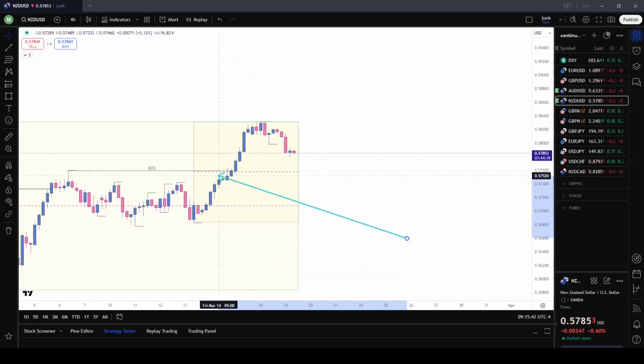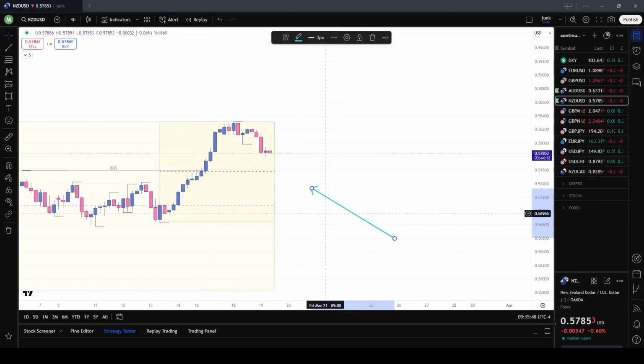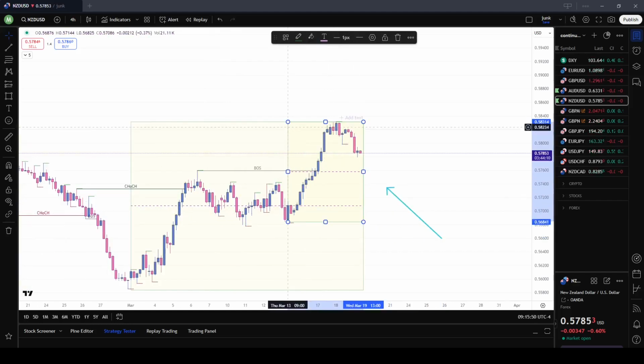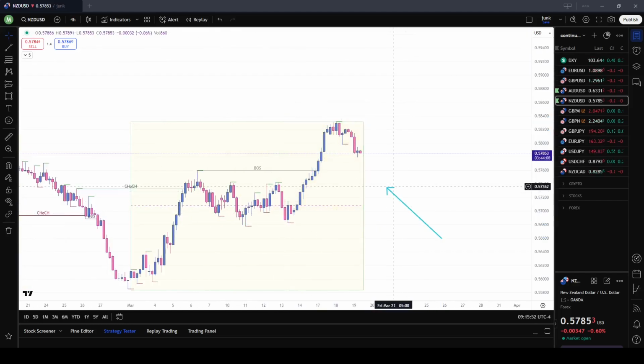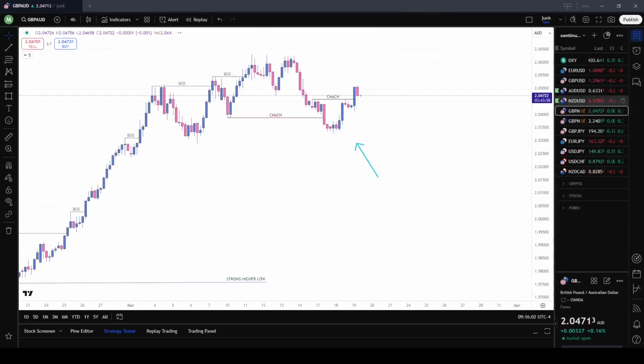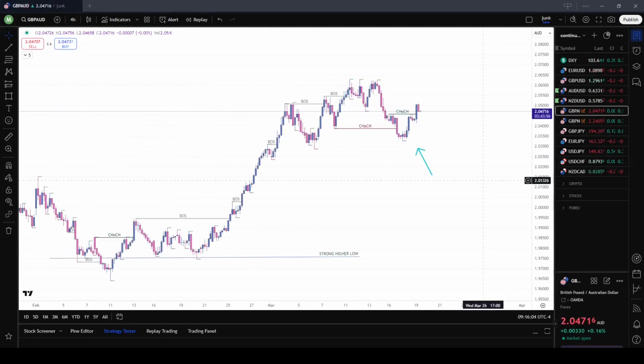There's no significant area of demand, so I would expect any retracement would come back to demand of the entire range, unlike AUD USD. So not looking for any sells right now. We're looking for any buys when the buying opportunity happens, when it comes back down into discount after it fully retraces.